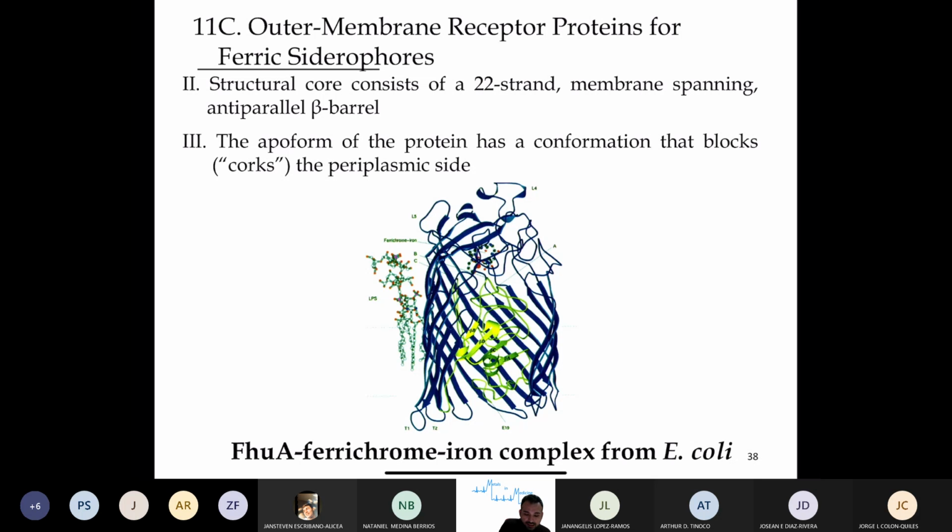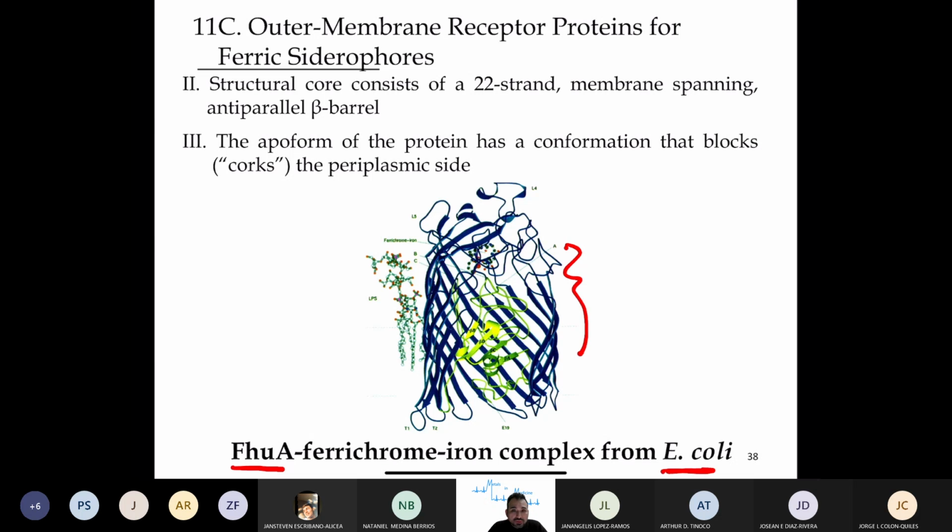This is the FhuA that basically will bind the iron complex. This particular protein is from E. coli. Its structural core consists of a 22-strand membrane-spanning antiparallel beta barrel. These are the type of secondary structure for the protein, as it is a transmembrane protein.